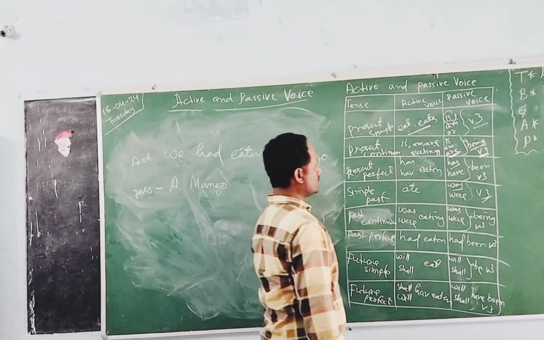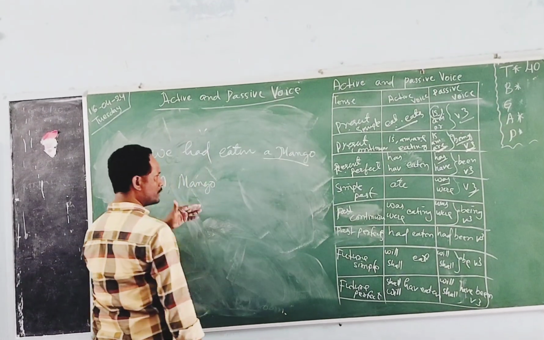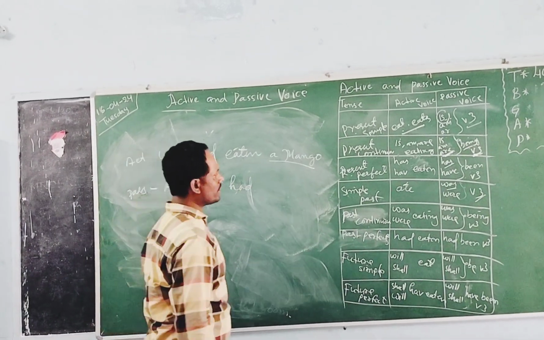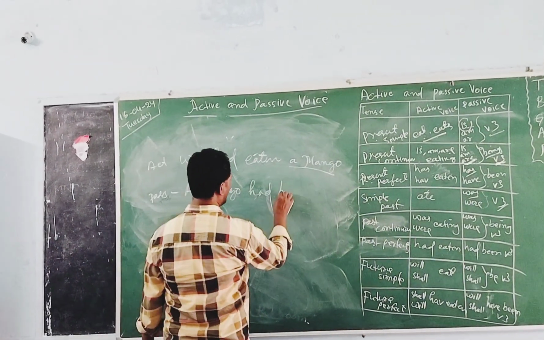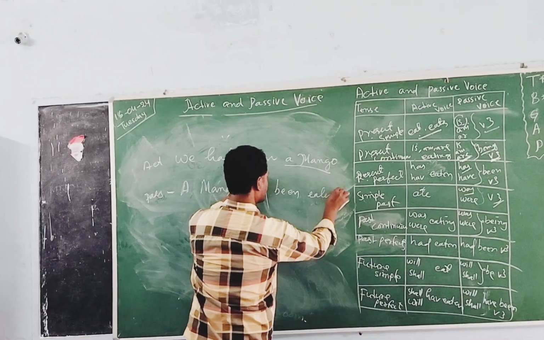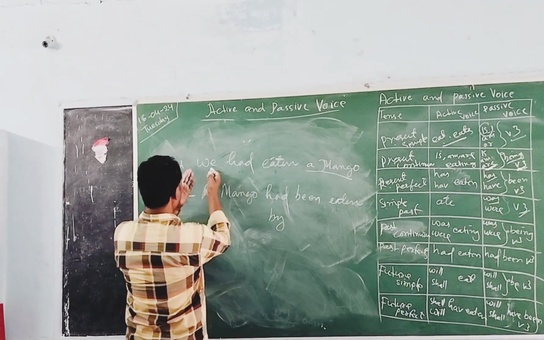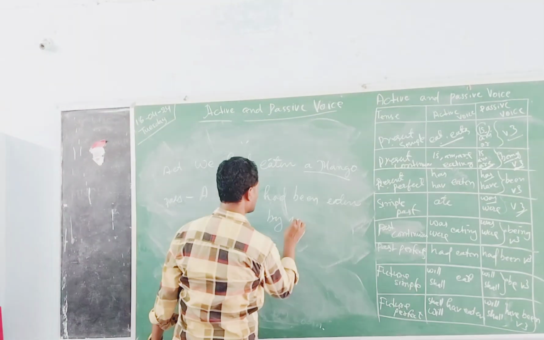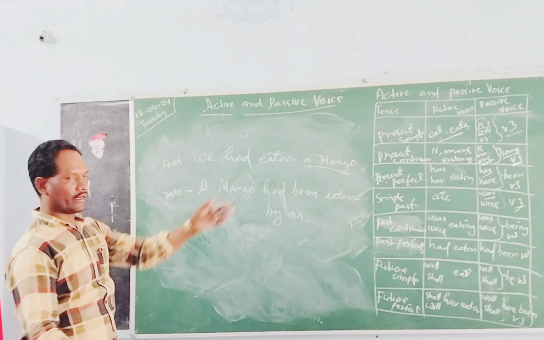It has only one helping verb, had. There is no singular or plural. We can use only one helping verb for singular and plural. Mango had been. Had been, then verb 3, eaten. By: we will change the subjective pronoun into the objective pronoun. By us. So a mango had been eaten by us. Tenses wise, I will explain.